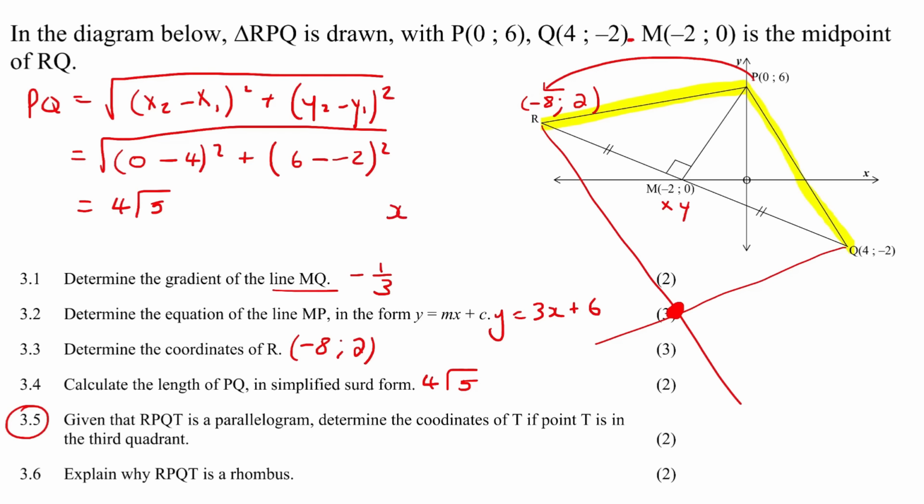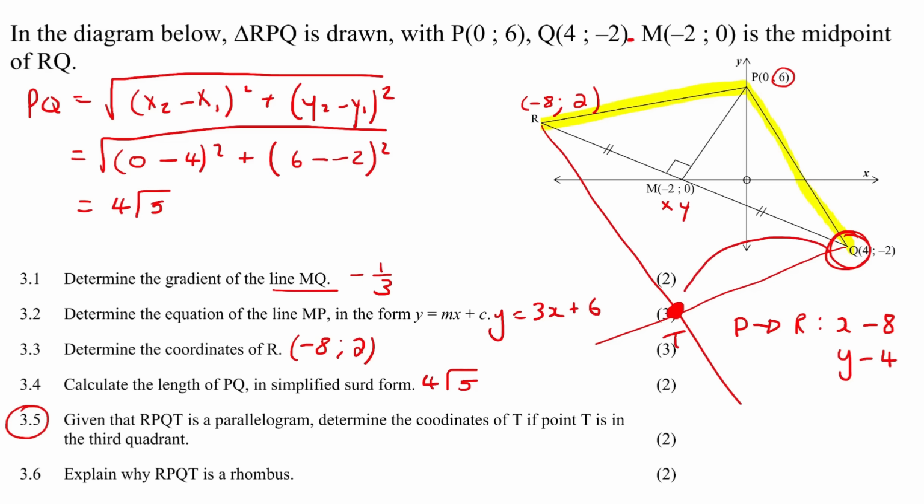So when you went from P to R, the x value went down by 8. And then look at the y value. The y value went from 6 to 2, so the y value went down by 4. So when you then do the exact same on the other side, when you go from Q to T, it's going to do the exact same.